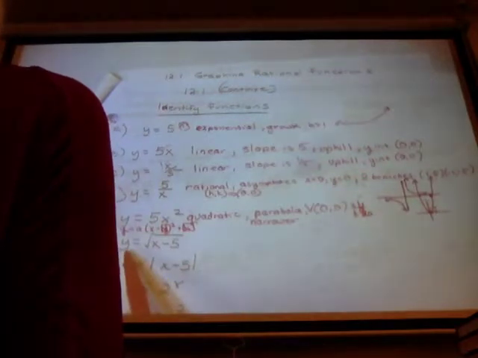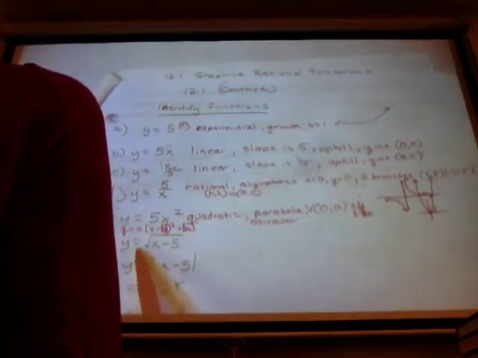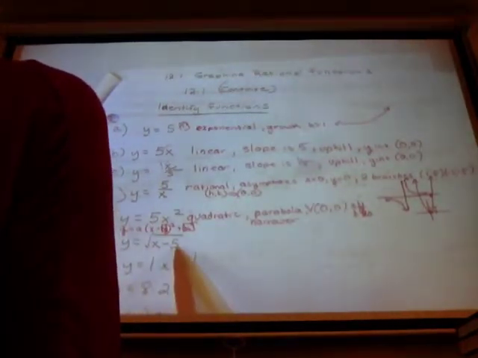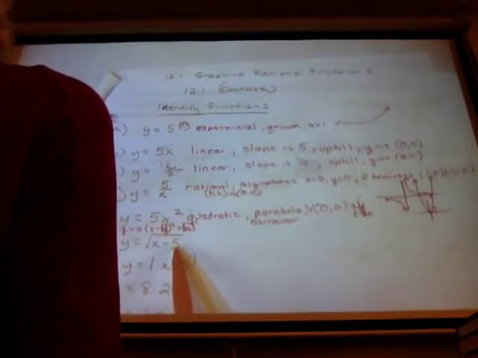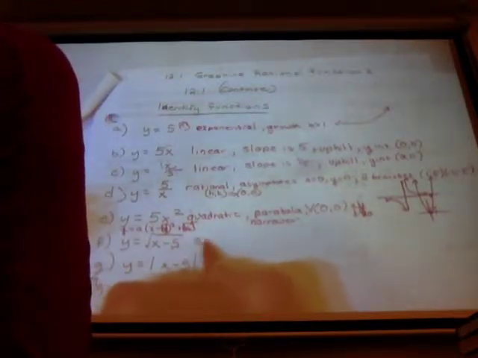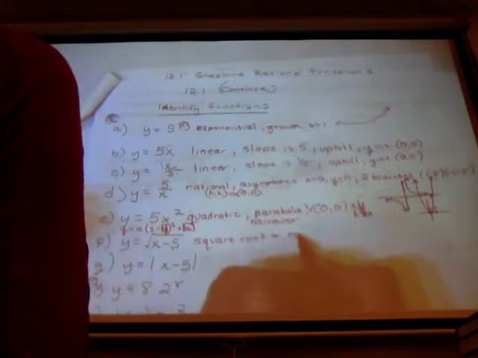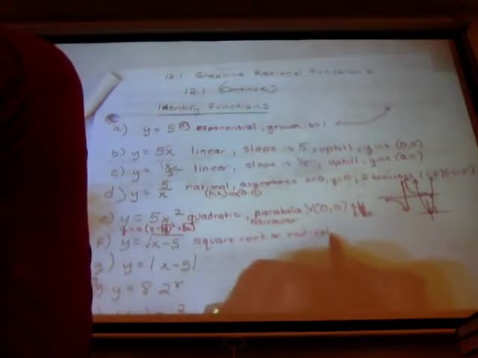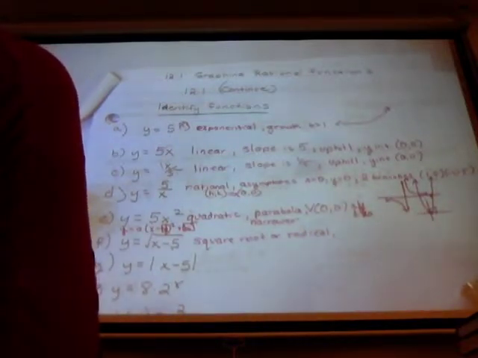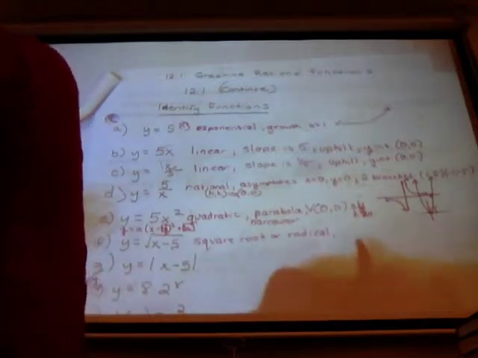Okay, what is this going to be? Darren, what kind of a graph is this? Square root. What else do we call it? Or radical. What's your HK? 5, 0.